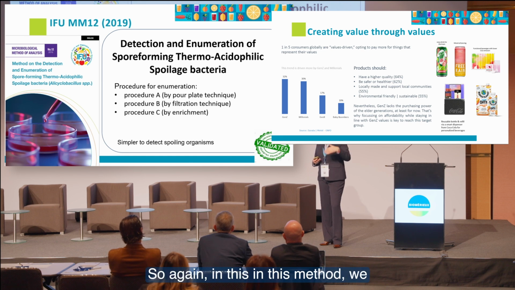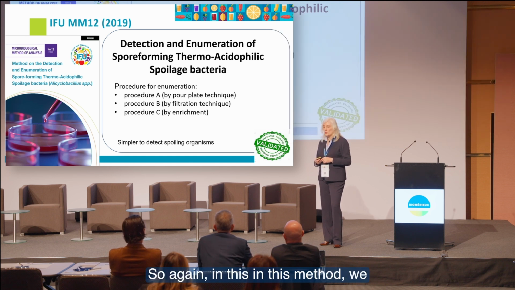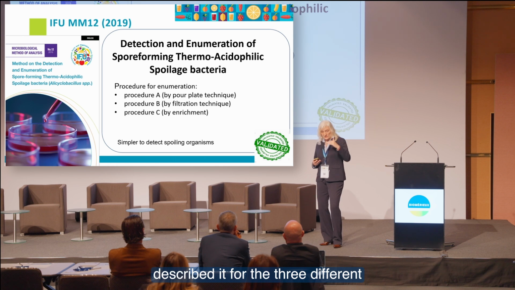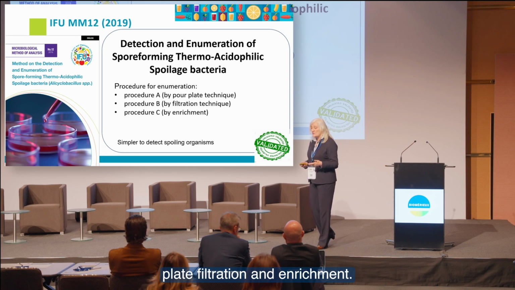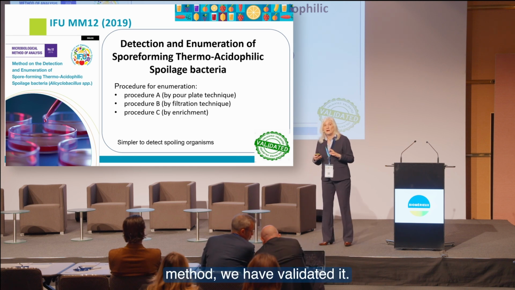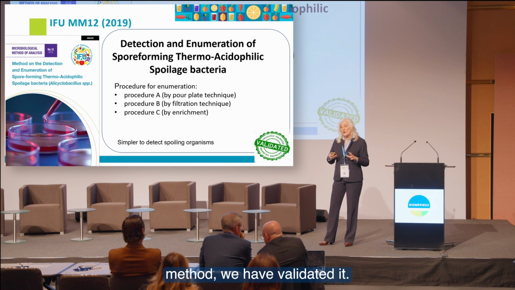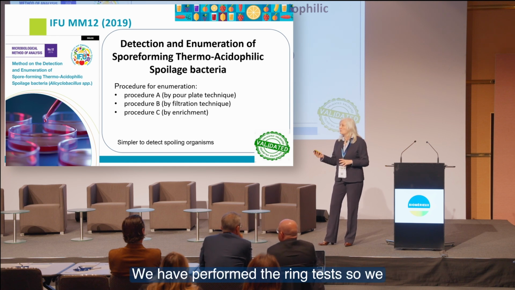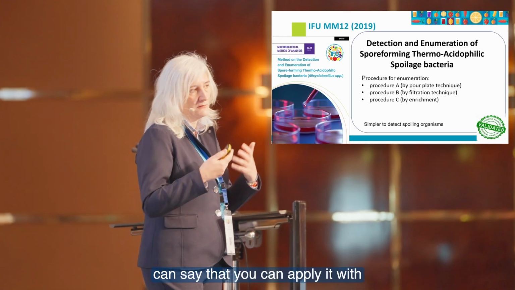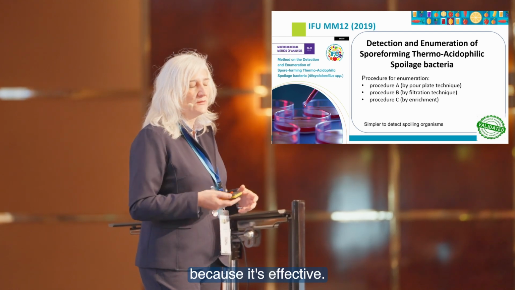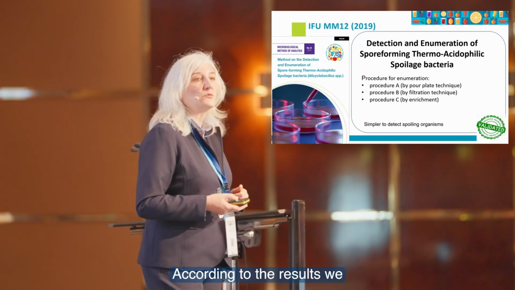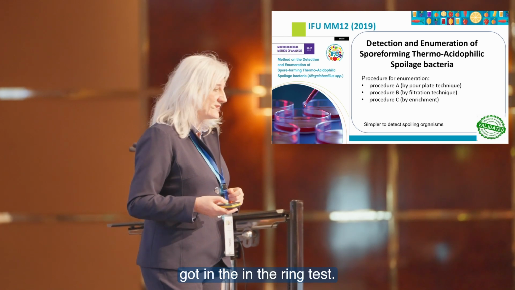So again, in this method, we described the 3 different enumeration procedures, like the pour plate, filtration, and enrichment. And again, with this method, we have validated it. We have performed the ring tests, so we can say that you can apply it because it's effective according to the results we got in the ring test.